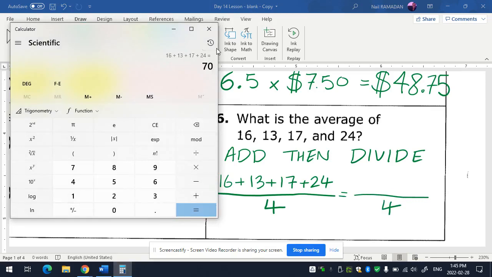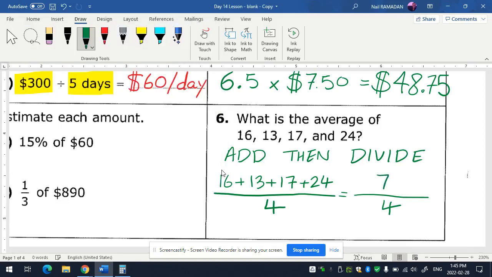So if you're working a job and you got $16 the first day, 13 the second day, 17 the third day, and 24 the fourth and last day, you would have made $70 in 4 days, which means 70 divided by 4, 17 and a half. This is your average.